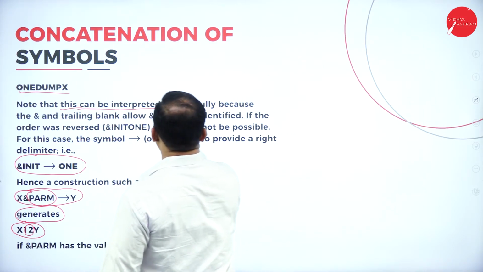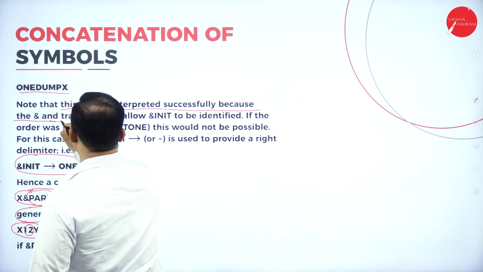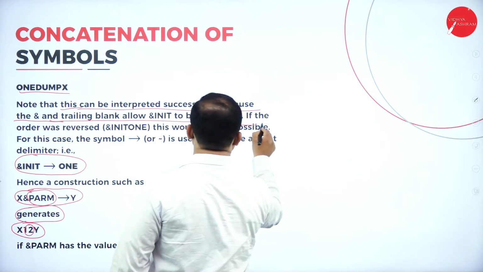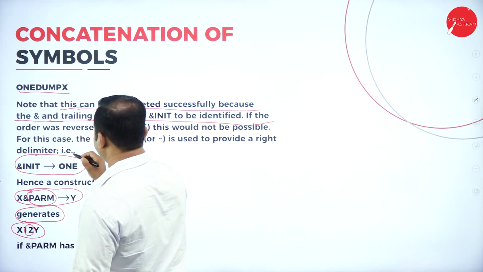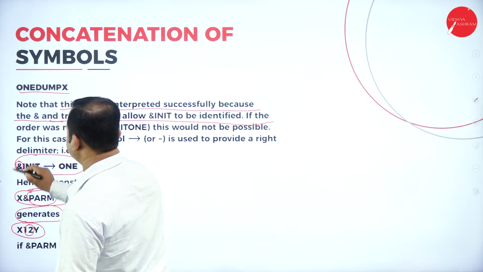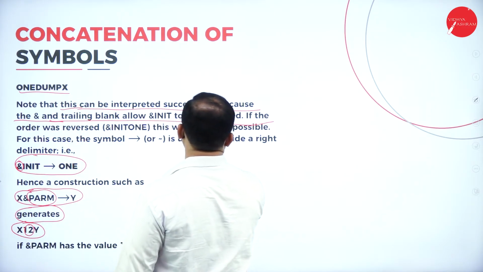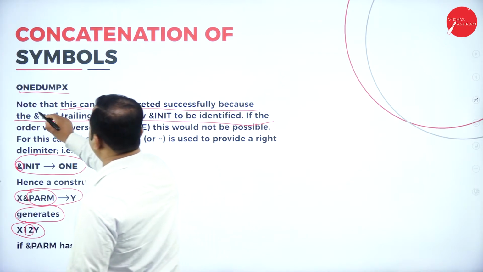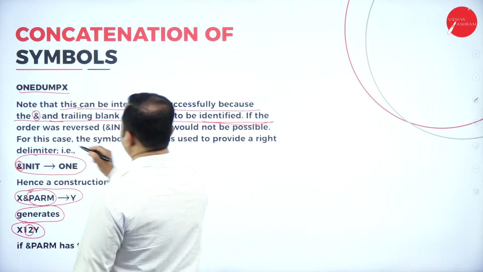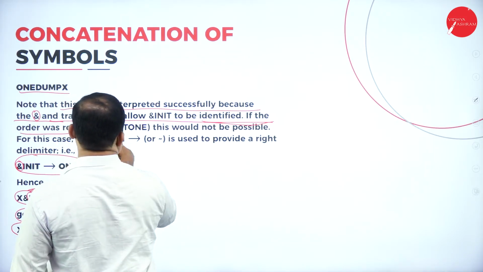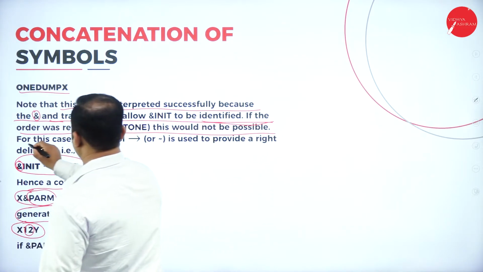This can be interpreted successfully because the ampersand and the trailing blank allow &init to be identified uniquely. If the order was reversed, that is &init 1, this would not be possible.